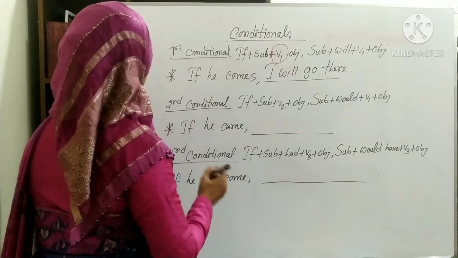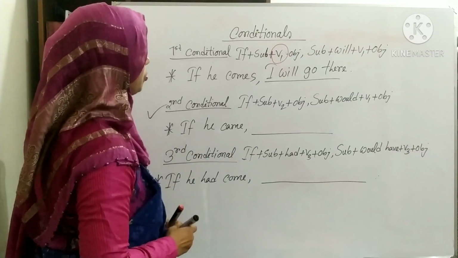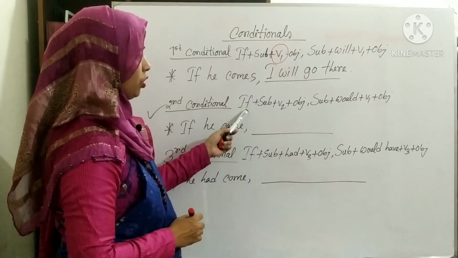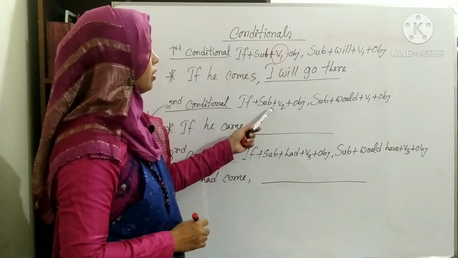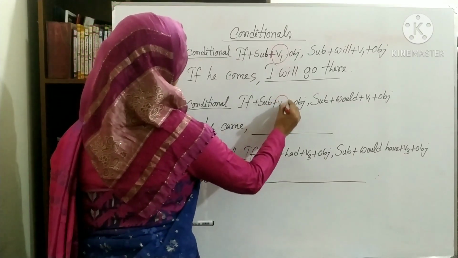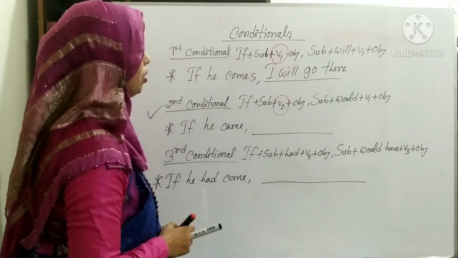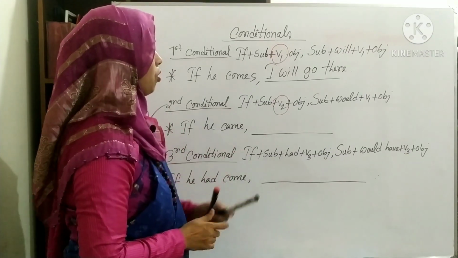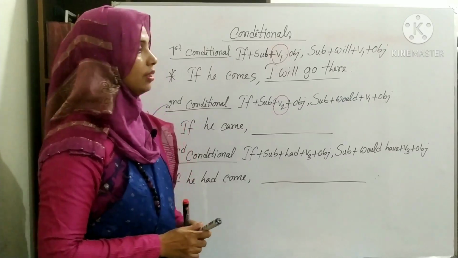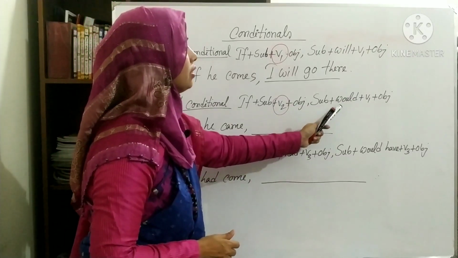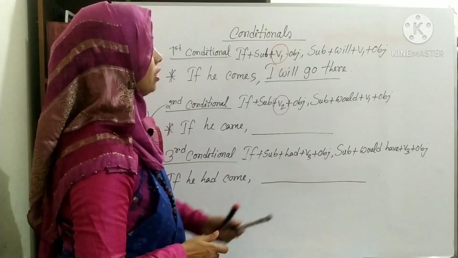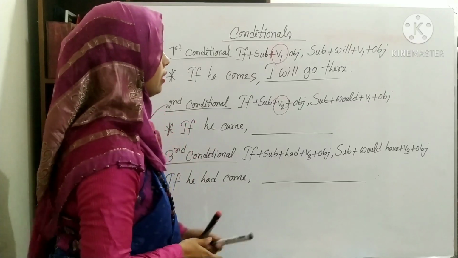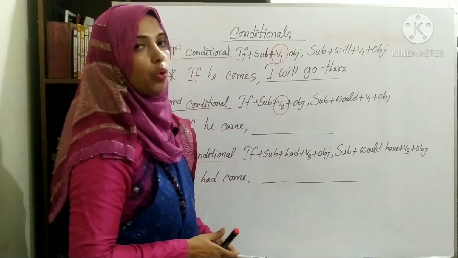Now come to the second conditional. What is the structure? You can see in the if related clause there is a verb and the verb is in past form. So what is the rule? If you find past form in the if related clause, of course you will write the future past, that means will be would.